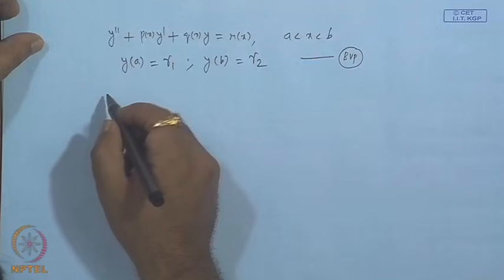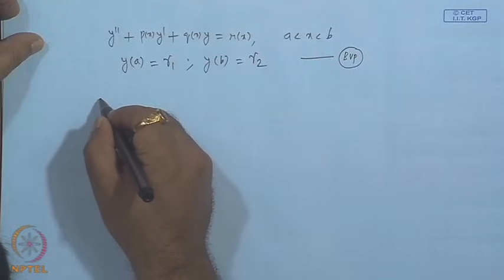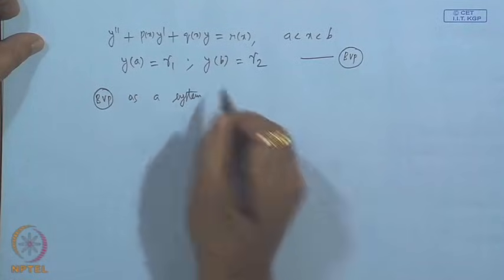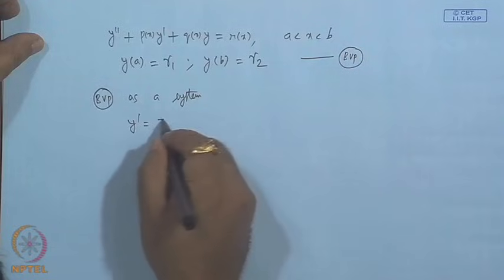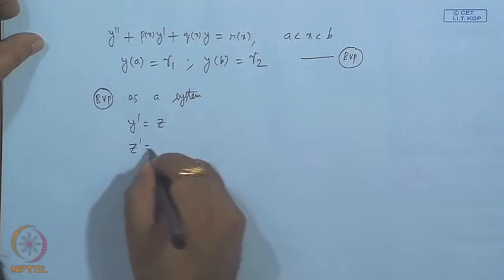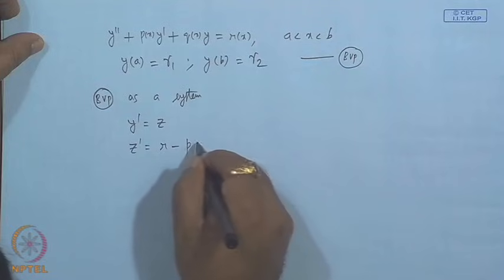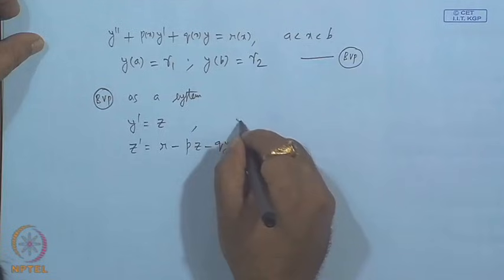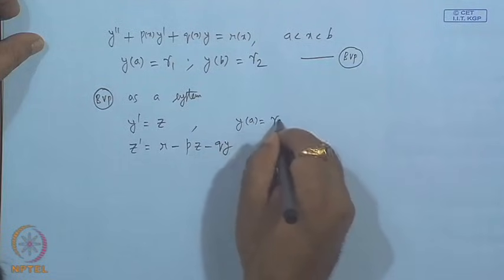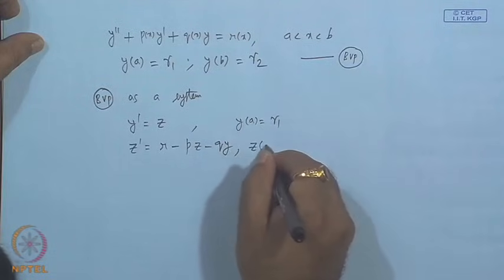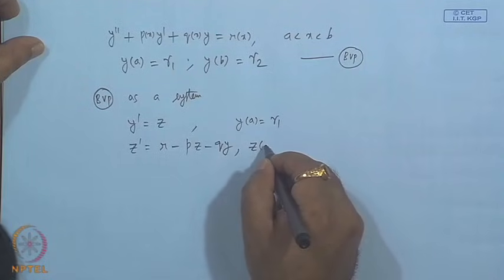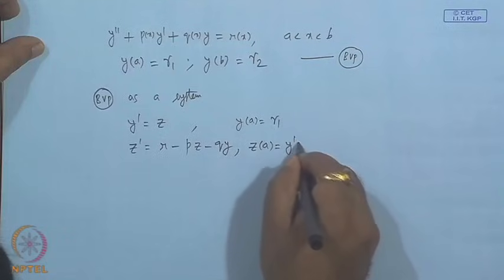Okay. Now, the BVP as a system: y dash is z, z dash is r minus p z minus q y, and y of a is gamma 1, and we need z of a, which is y dash of a.